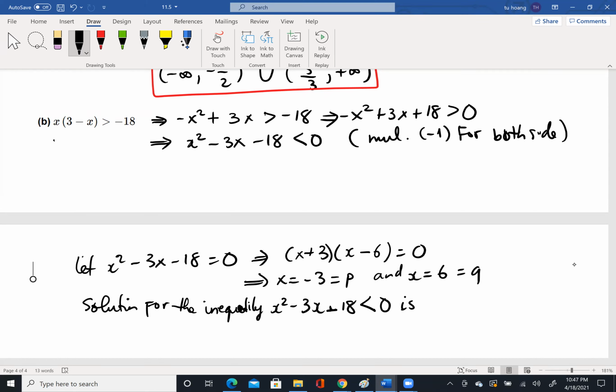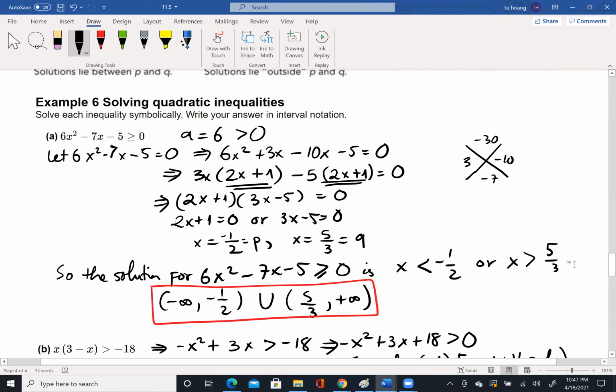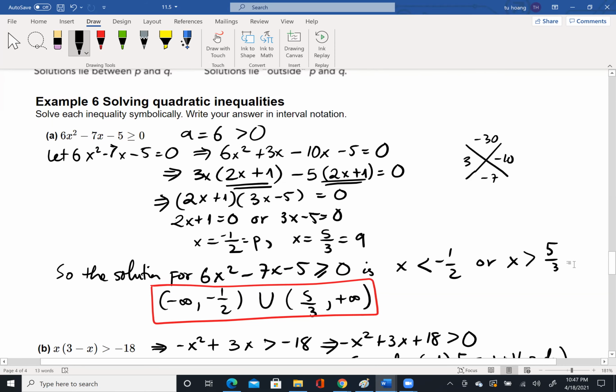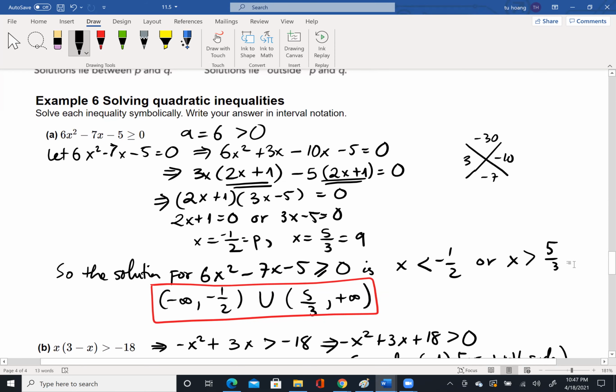So x is in the middle between negative 3 and 6, or the interval is negative 3 to 6. Okay, before doing that, I want to check the A here.